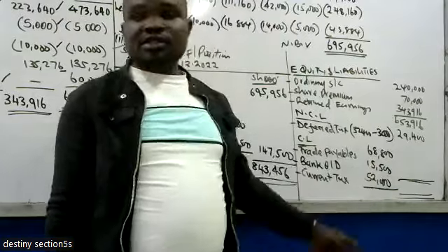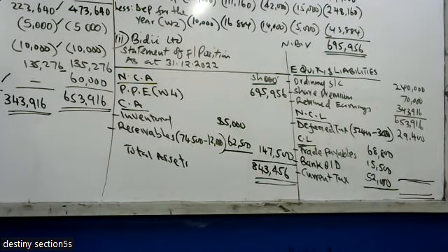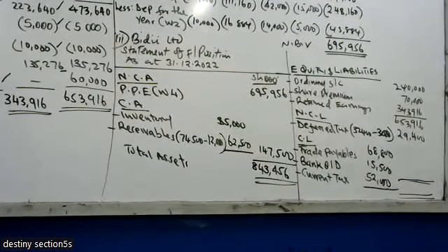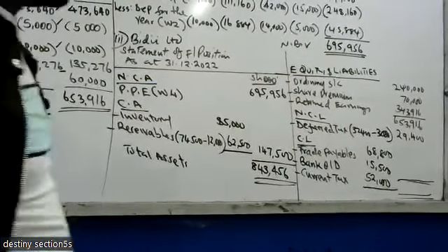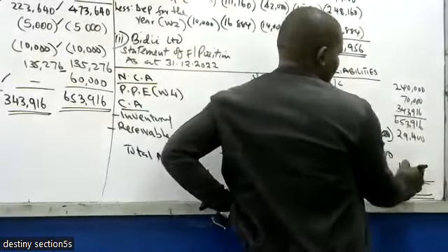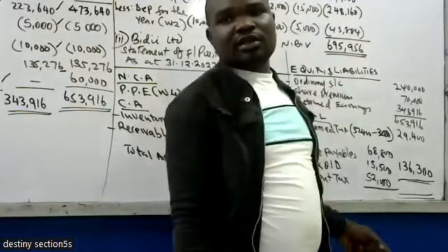This plus this plus this. 136, 300. So if you add the 3, it is balancing.